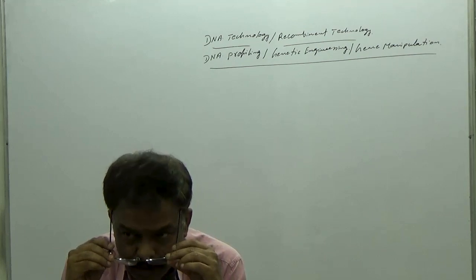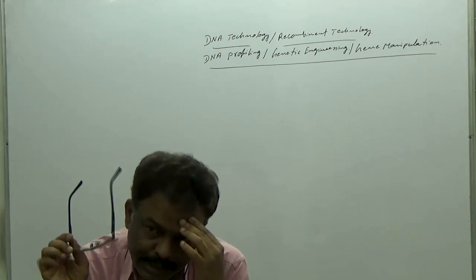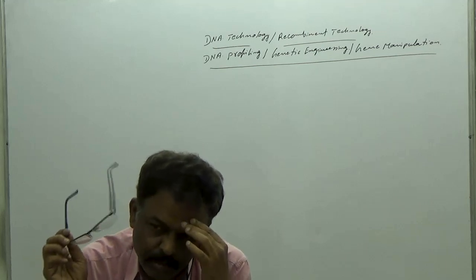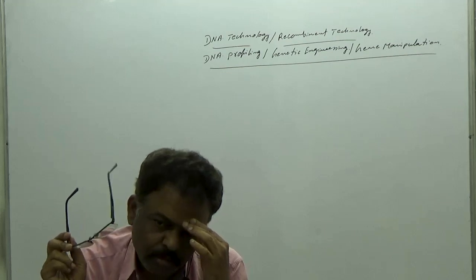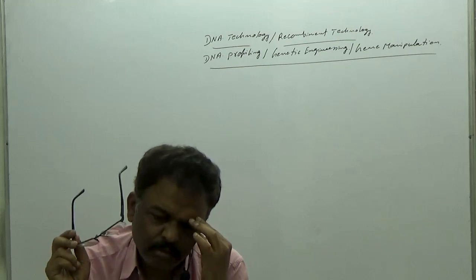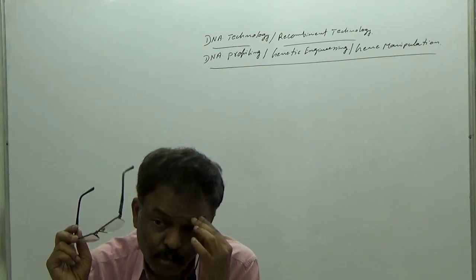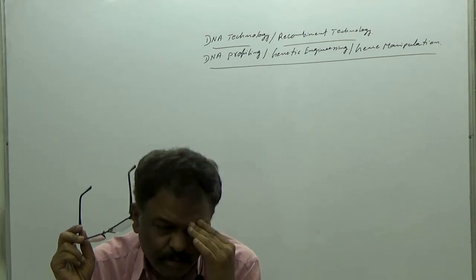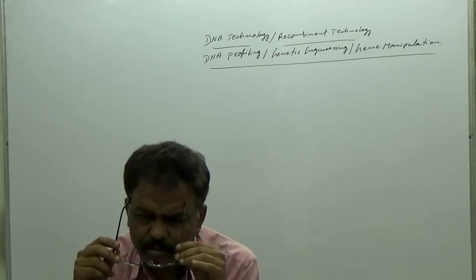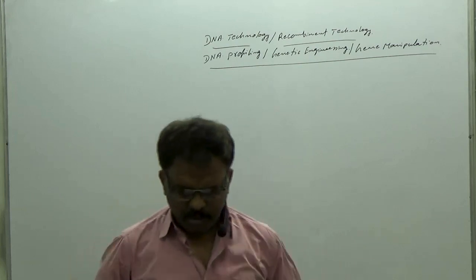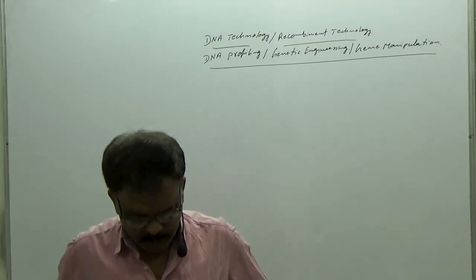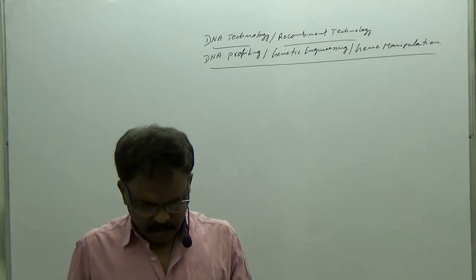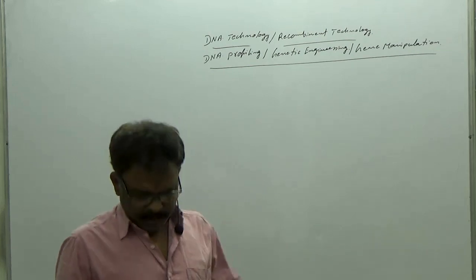So, DNA technology is a specially designed technique, useful to achieve targeted goals by manipulating genes. That is DNA. Gene is also DNA, no? So that is the DNA technology definition.